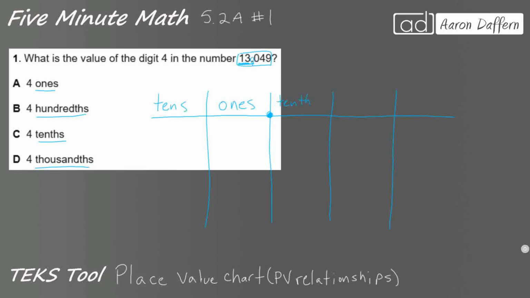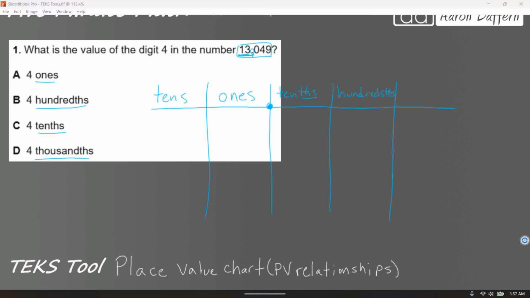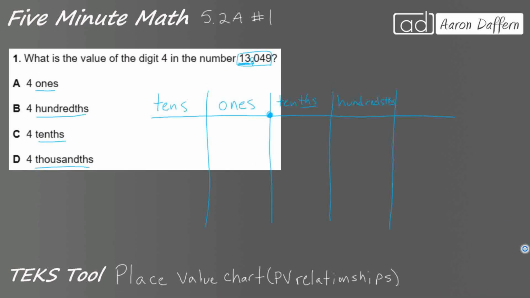So tenths, I will underline that. I've got my hundredths. Oops, let's make sure we get that correct. There's only one S that we need there, so we're going to back that up. There we go, hundredths. And then let's get our thousandths.